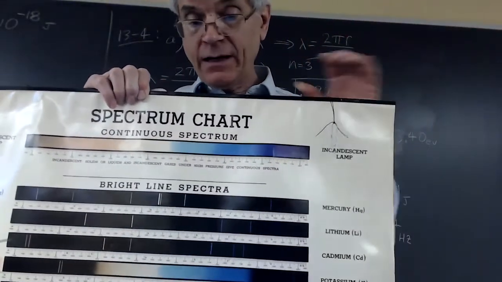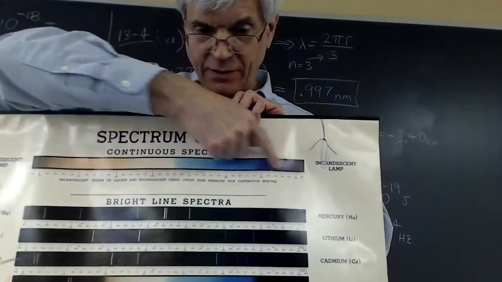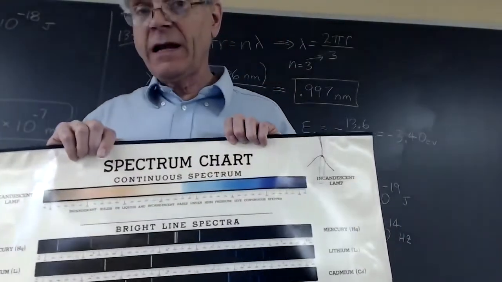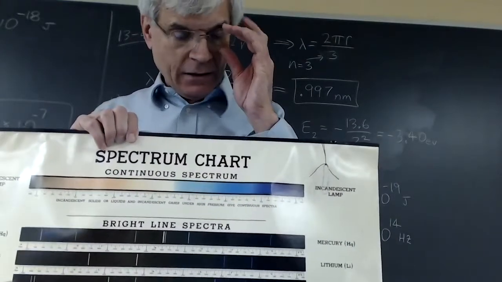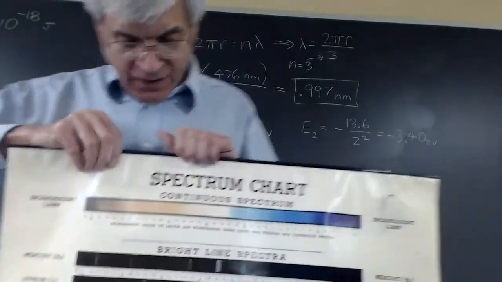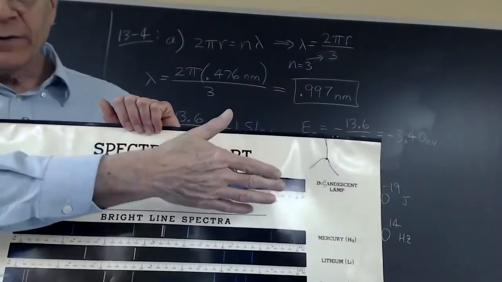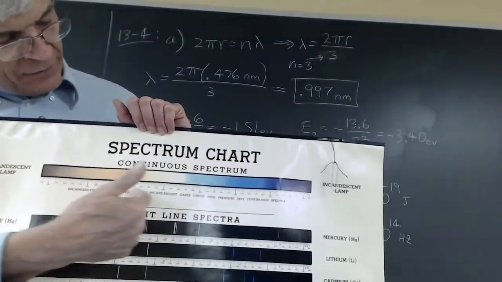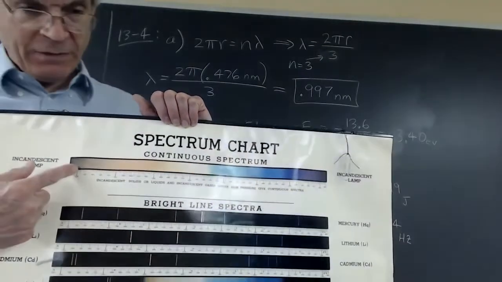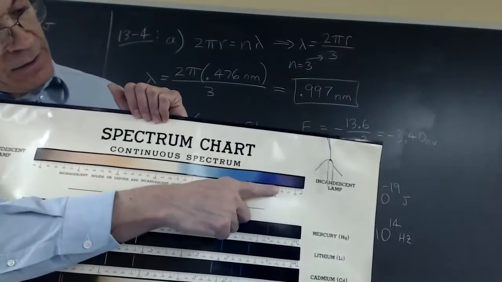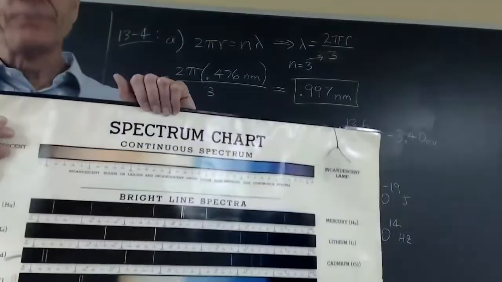So you might see a continuous spectrum, like you've got across the top here. This thing's been hanging on the wall for quite a while, by the way, and some of the colors are kind of faded and not quite true to life anymore. But the idea of a continuous spectrum is that it's like a slice out of a rainbow. Okay, you've got every wavelength present from what's supposed to be dark red on the one end to violet on the other end without any gaps or anything like that.